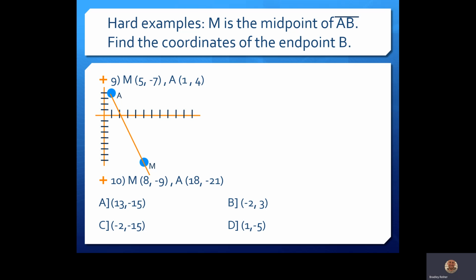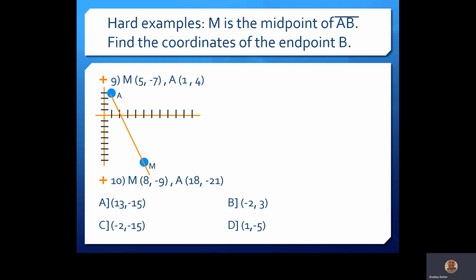Now, since this was multiple choice, you could have made it a whole lot easier on yourself. If you don't like going backwards, you could have gone forward. So use the endpoint A, that's the (18, -21) ordered pair. Pretend that the other endpoint is option B, (-2, 3). What happens if you average those two endpoints?